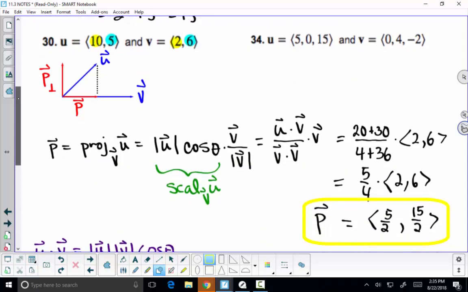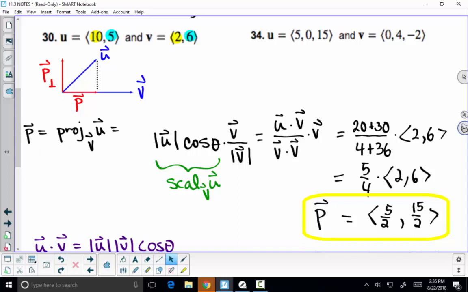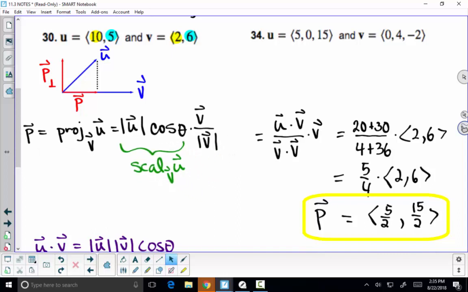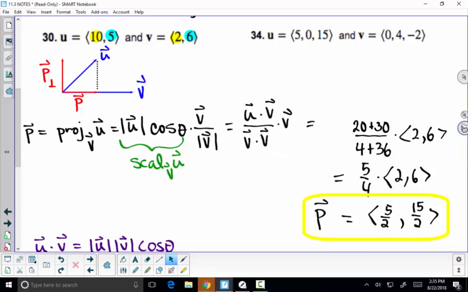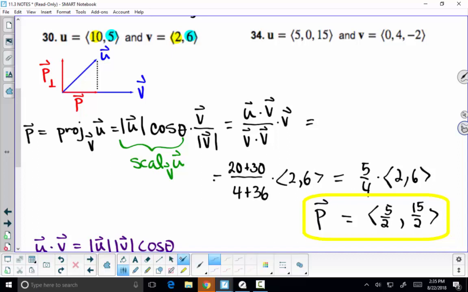They didn't ask us for p perp, and we don't have a lot of space, so let's not find p perp here. All right, is there a question on any step there? Yes, go for it.